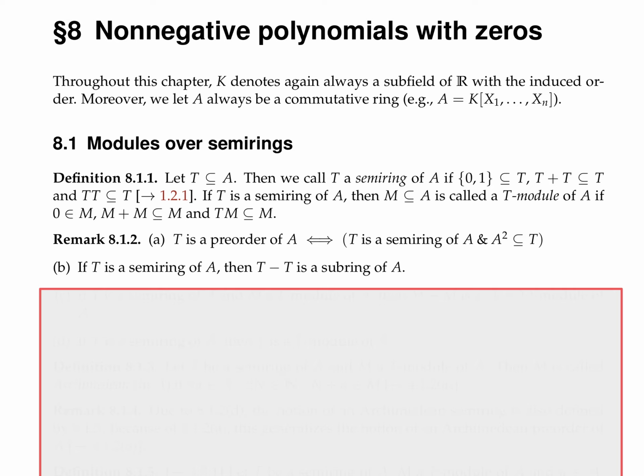Well, it's a subgroup of the additive group of A, right? Because it contains 0, and it's closed under addition.